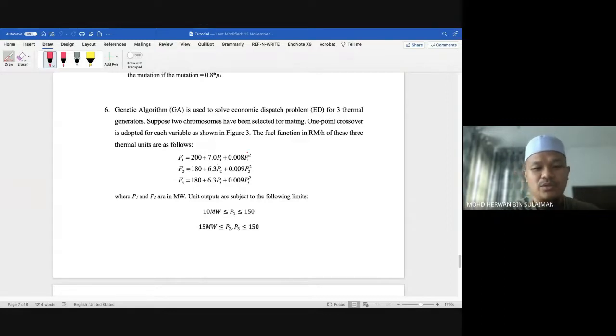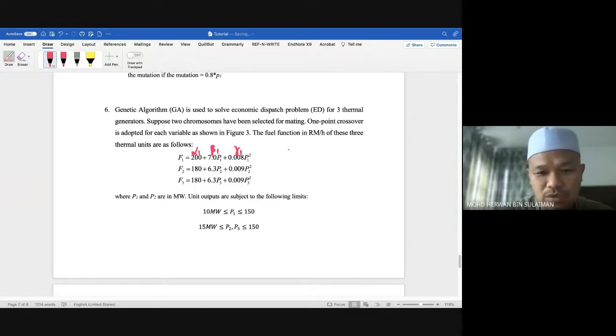When you learn economic dispatch in undergrad, you know the cost functions of each generator are quadratic: alpha 1, beta 1, gamma 1, then alpha 2, beta 2, gamma 2, and alpha 3, beta 3, gamma 3. These are just the coefficients of the generators.